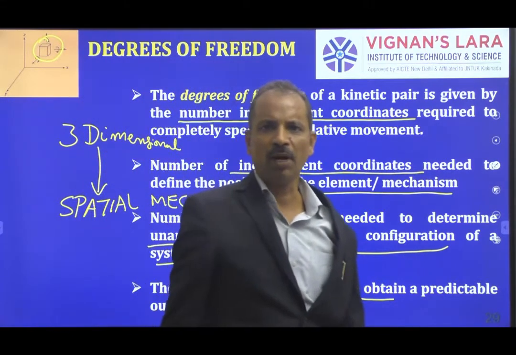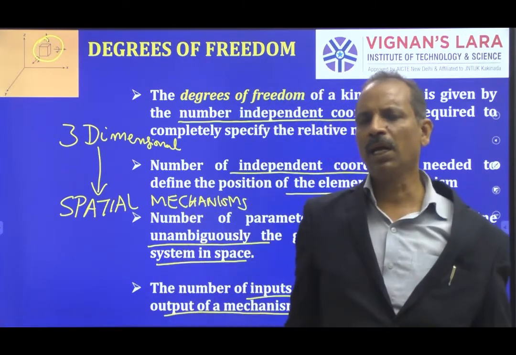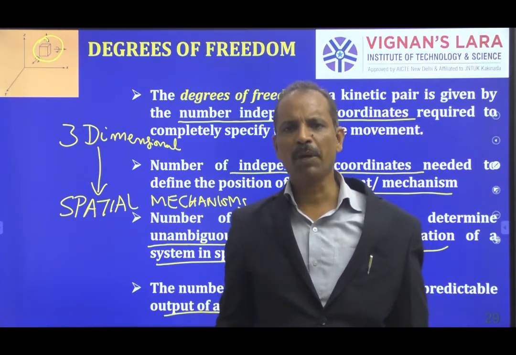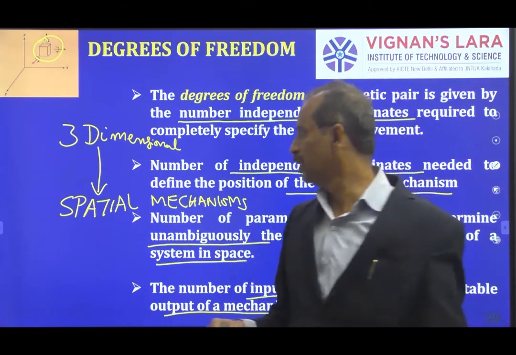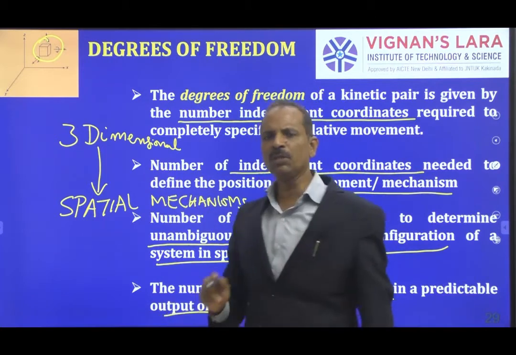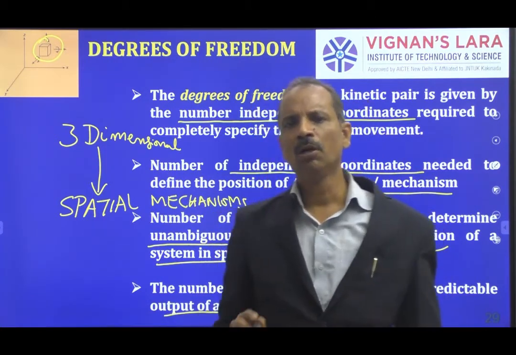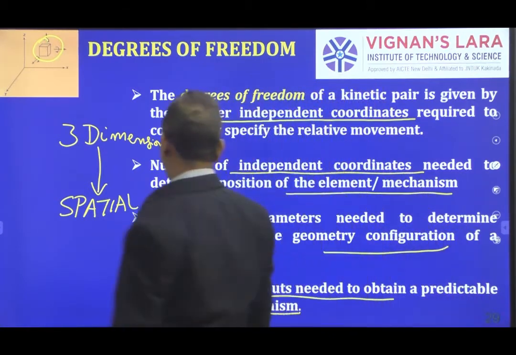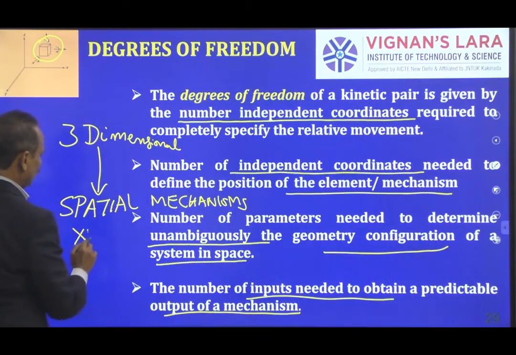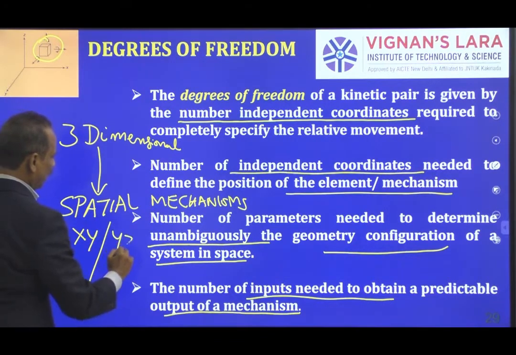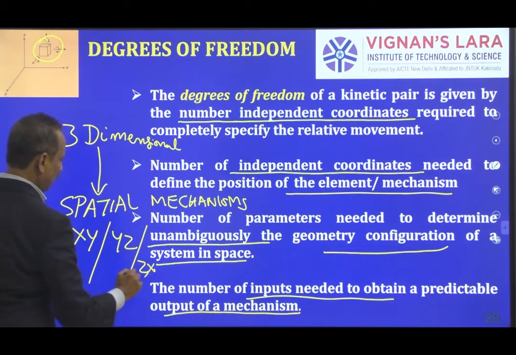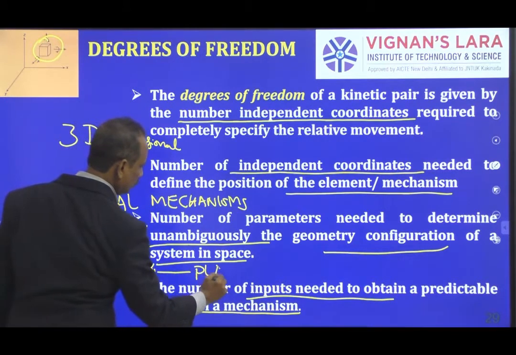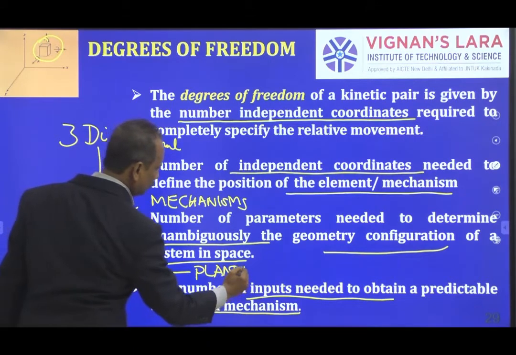Spatial mechanisms are those where the entire mechanism will move in all 3 planes x, y, z. Suppose your mechanism is confined to only 2 dimensions, that is in one plane, either the xy plane or yz plane or zx plane. This is called a planar mechanism.